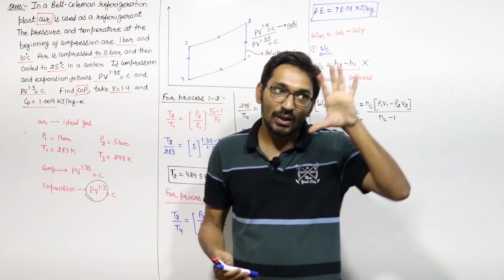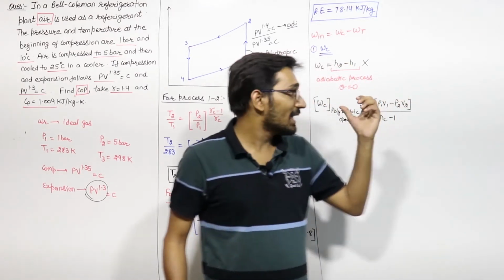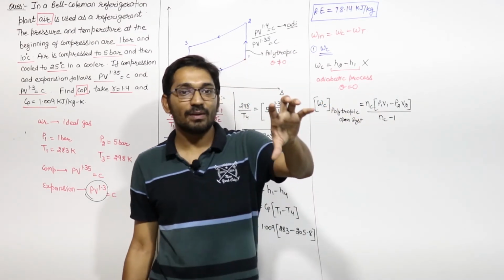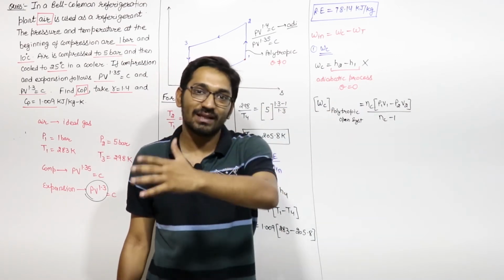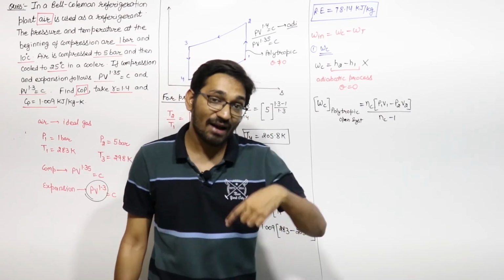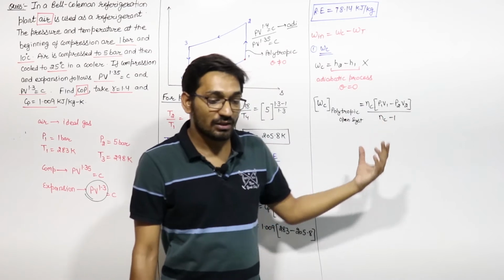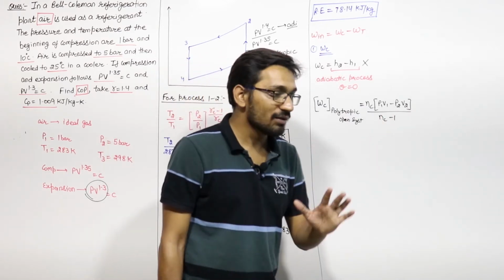But if you take only the compressor as a system, because we are finding the work for the compressor, then mass is entering and mass is leaving. Refrigerant is entering and refrigerant is leaving. So we have to use the formula for your open system polytropic process. Right? Don't confuse with it.